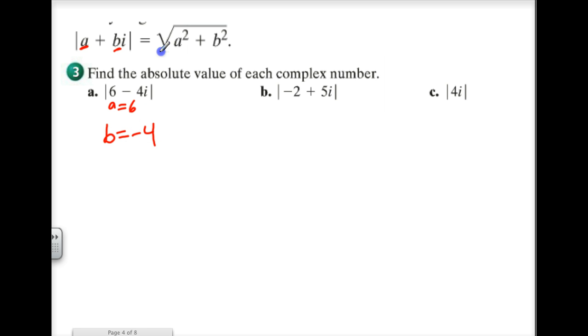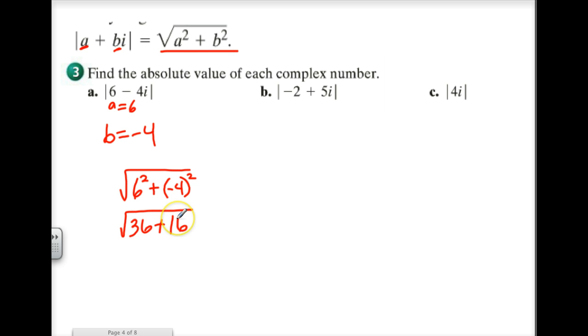When I put that into this equation, that means the square root of A squared, which is 6, plus B squared, -4. I rewrite that as the square root of 36 plus 16 becomes the square root of 52.